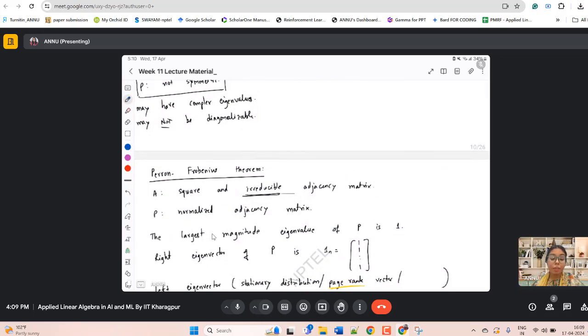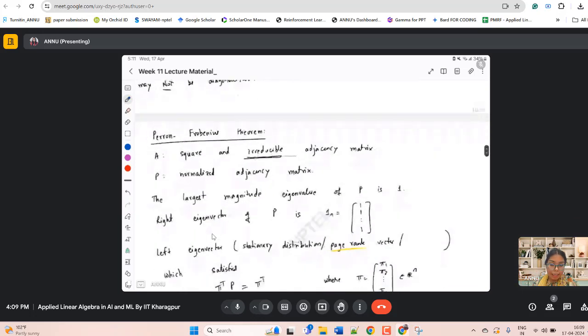Because it is already normalized. Normalized matrix means it is normalized with respect to rho. So every normalized matrix can have the largest eigenvalue as 1. I hope all of you agree.